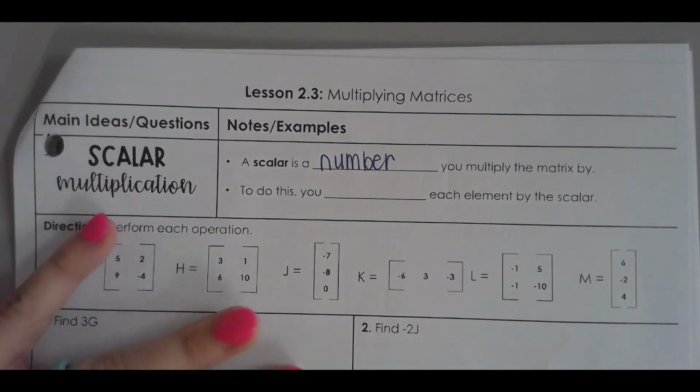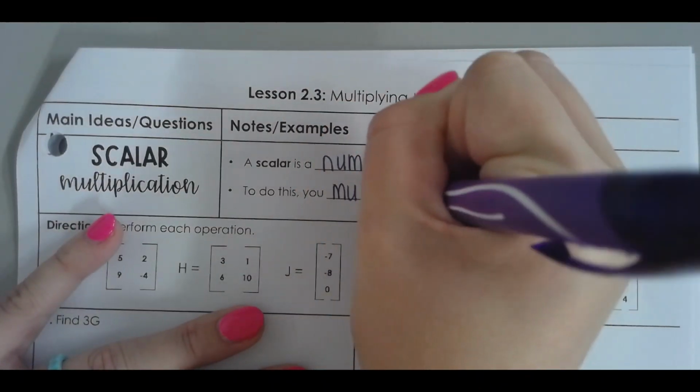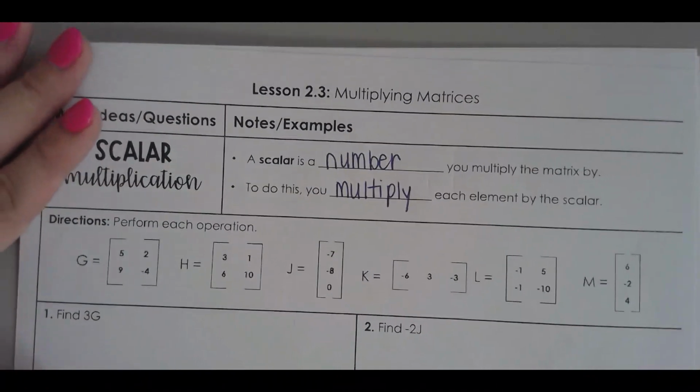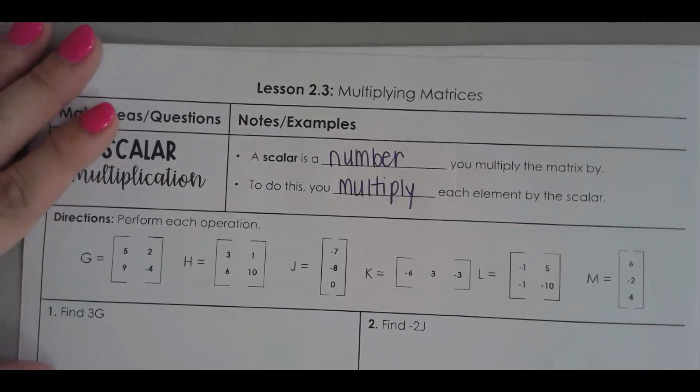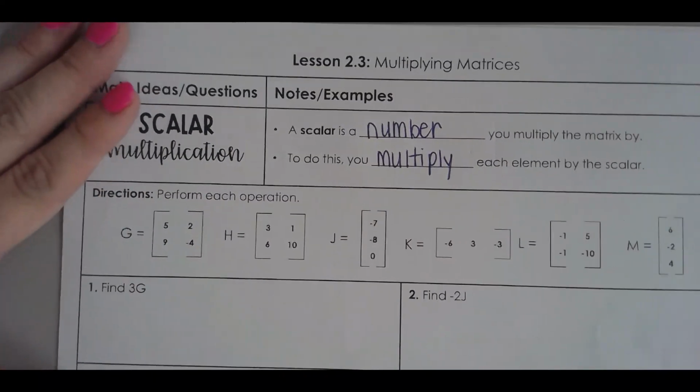And so to do this, you multiply each element, so each number in the matrix, by the number that's on the outside. Basically, you're just kind of like distributing the number, the scalar.